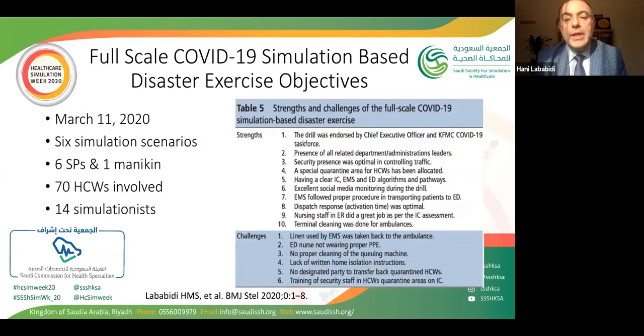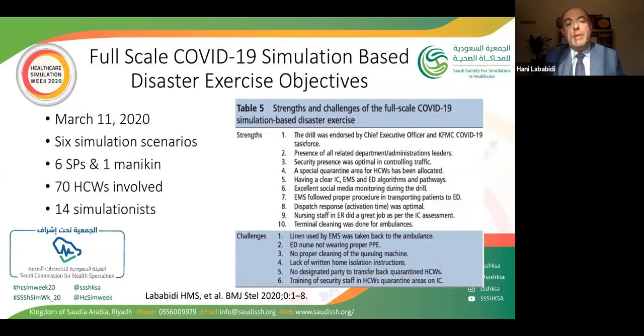We conducted this exercise on March 11. We had 6 simulation scenarios, so we used 6 SPs. These are people presenting to the emergency room as unknown, so the nurses didn't know about it. And we used one mannequin. We put a mannequin in one of the rooms where an SP is admitted as a patient.